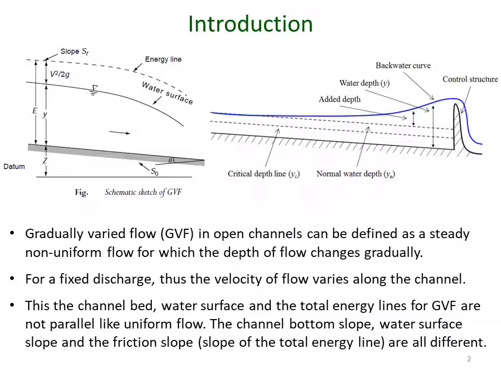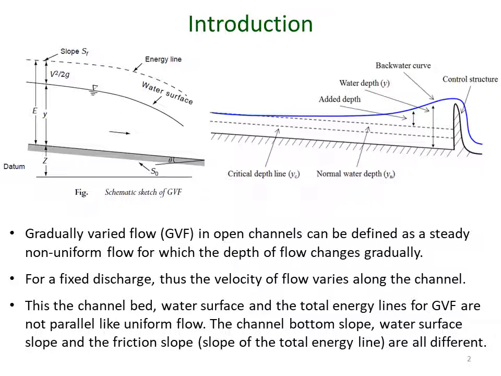This has been shown by a couple of figures at the top. On your left, you can see a schematic of a gradually varied flow in which the water surface is dropping gradually, and so is the energy line.